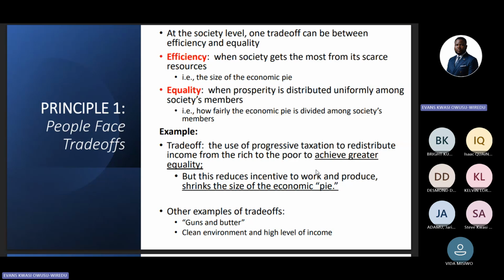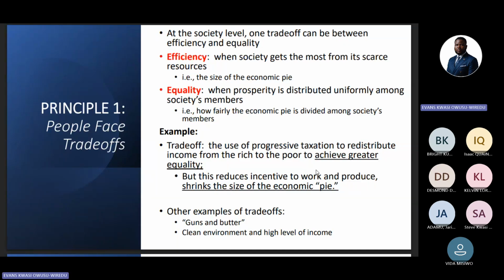When we talk about progressive taxation, because of equality, you want to let people benefit the same way, because someone is earning higher. And so the person who is earning higher must sacrifice for the person who is earning less. On the morality part of it, it is okay and it is right.